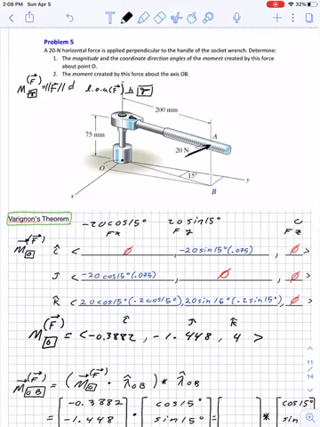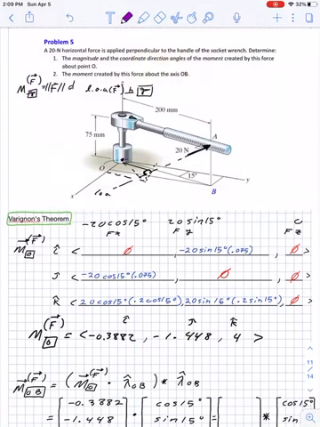if I have this force right here and I want to take it about this, I just have to find this point right here, where it intersects perpendicular to the line of action.